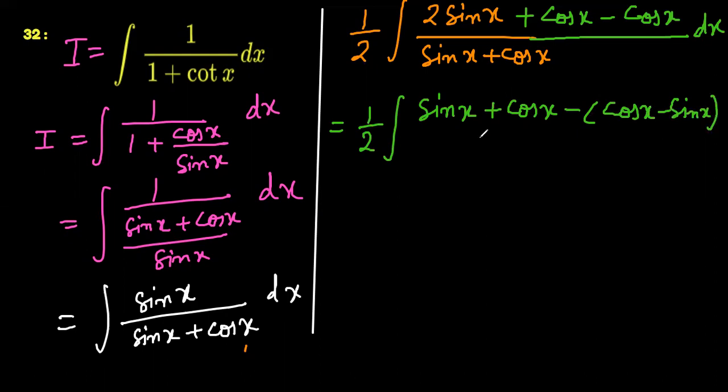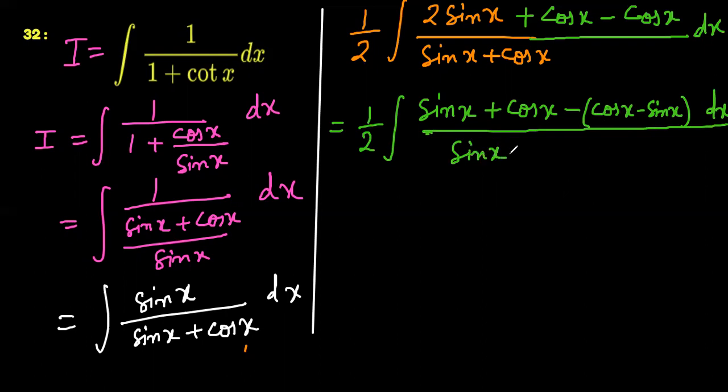Now this numerator is still the same as the numerator before, but it's written in a different form. After this bracket we have dx. So we write cos x minus sin x and the dx there, divided by sin x plus cos x.